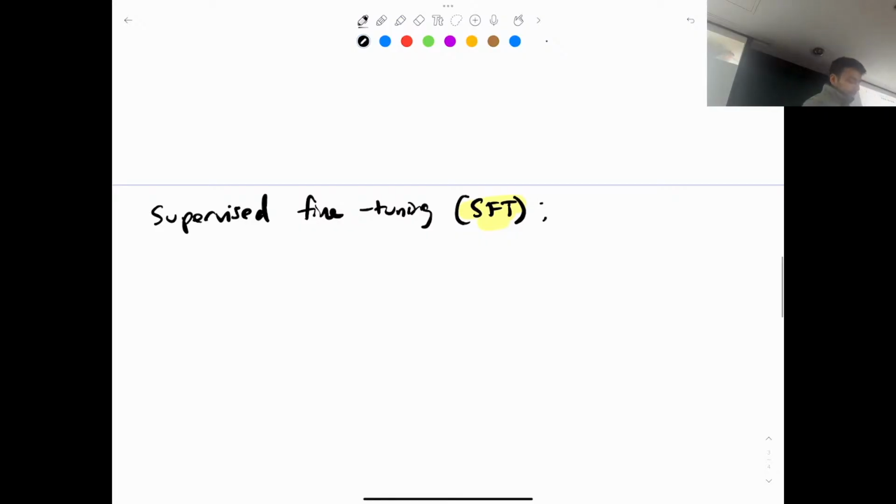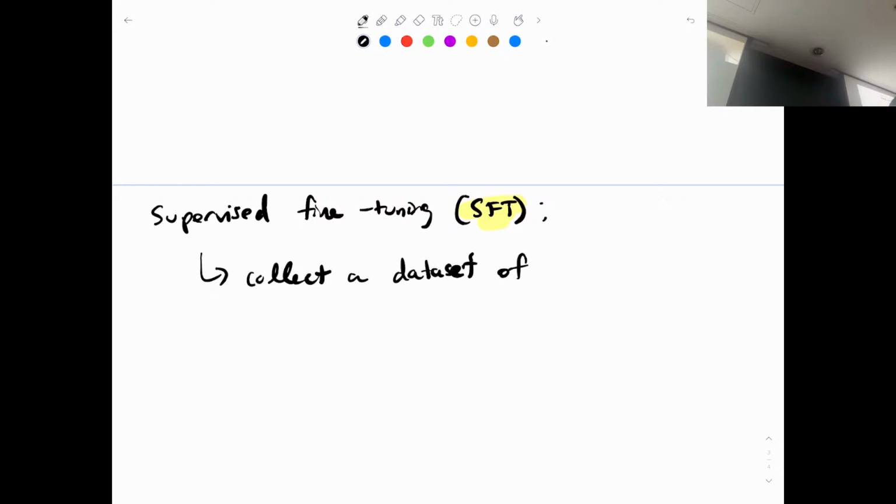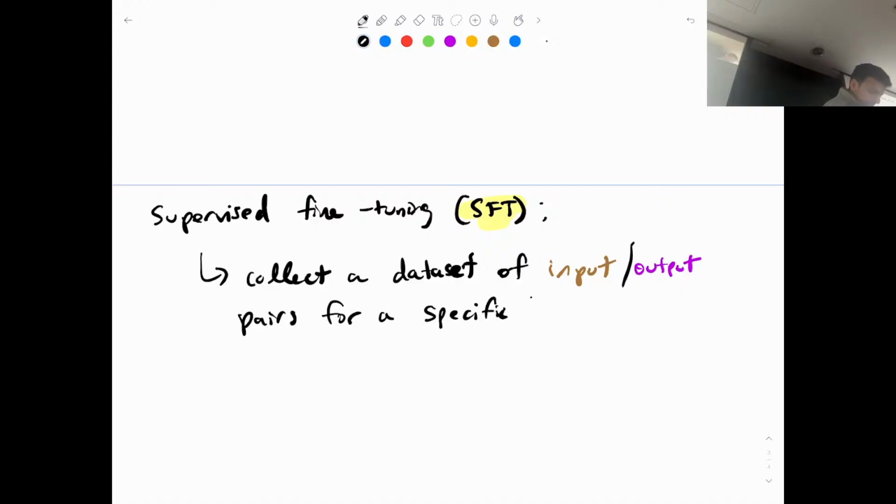The idea here is that you take a pre-trained model, and in the general fine-tuning case, you collect a dataset of input, output pairs for a specific task.